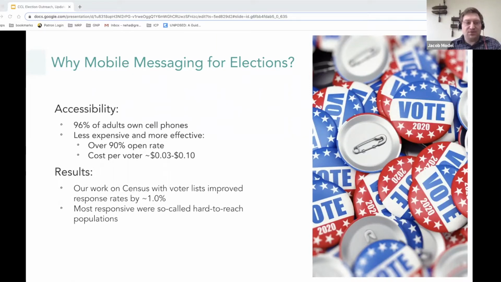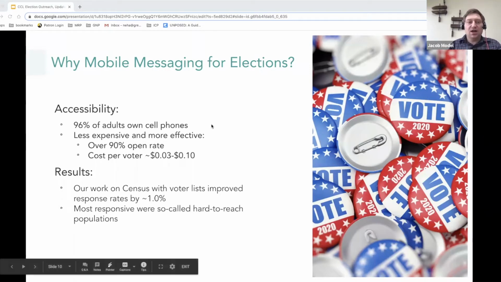Some of the reasons for that, which many of you may know, is that it's a method of communication that's really accessible to the vast majority of the population. Pew reports that in their surveys, 96% of adults own cell phones. The number is actually 99% for younger adults, 18 to about 40.